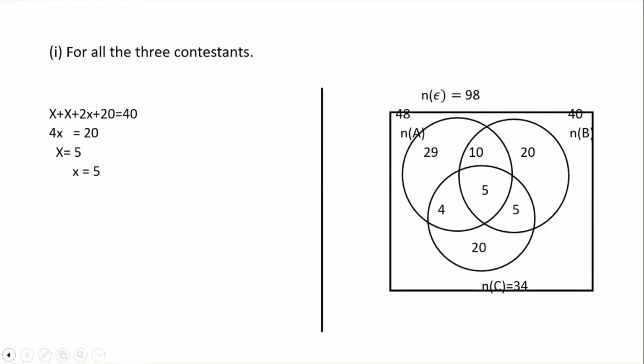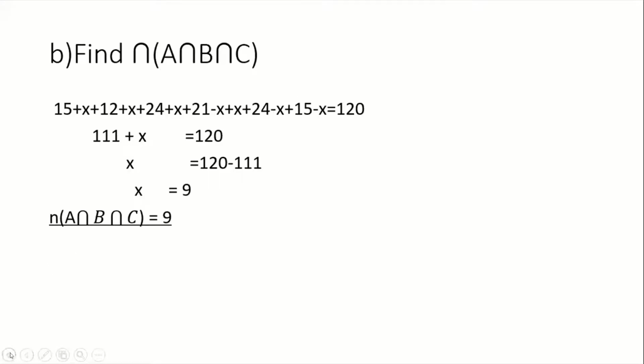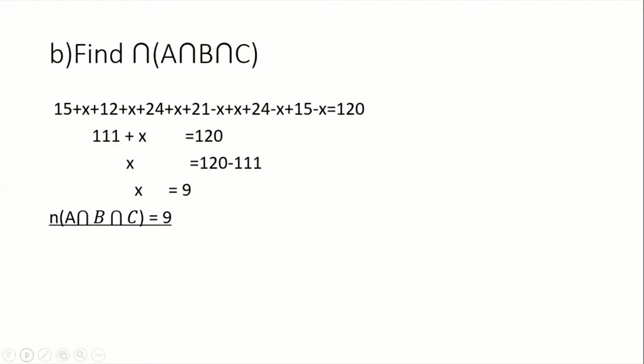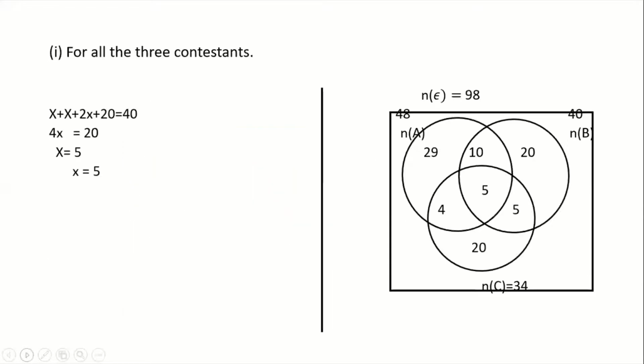We get back to our question, which is telling us, determine the number of people who refrained from voting. Now, this is how we are going to get it. Remember, we have 98 people in our universal set.